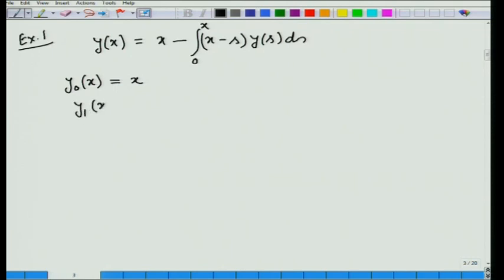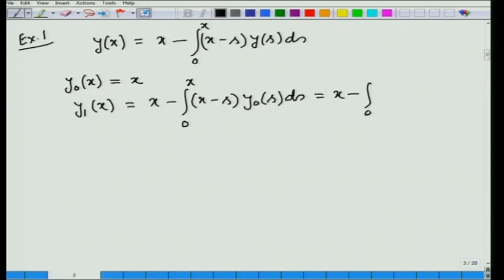According to the formula, y1(x) is equal to x minus the integral from 0 to x of (x minus s) y0(s) ds, and this is equal to x minus the integral from 0 to x of (x minus s) s ds, which is equal to x minus [x times x square by 2 minus x cube by 3].